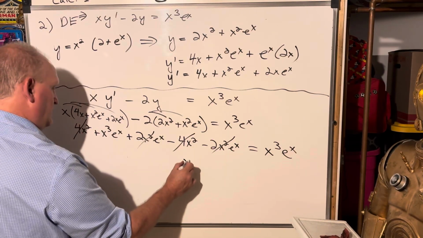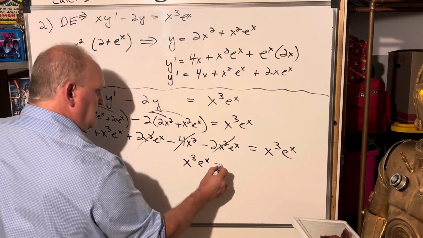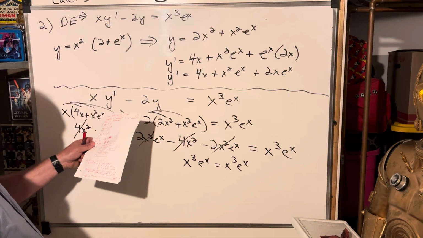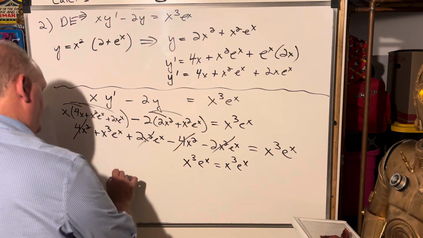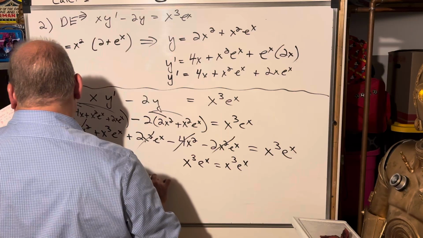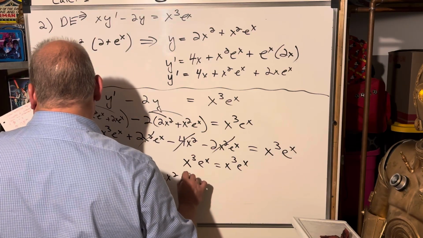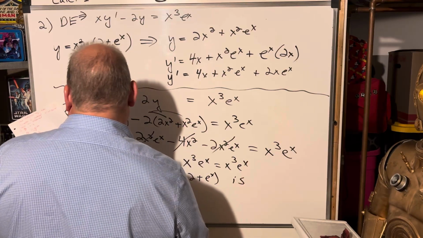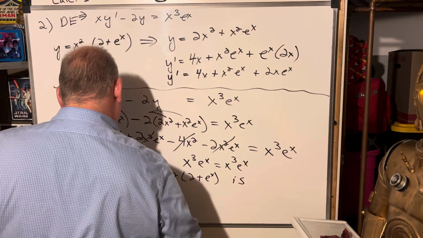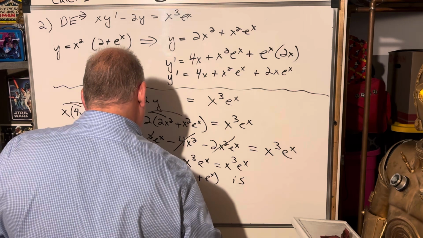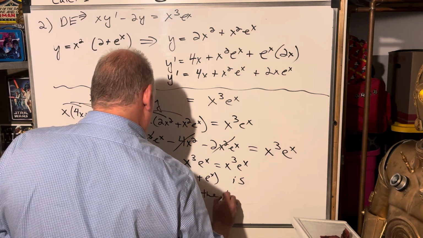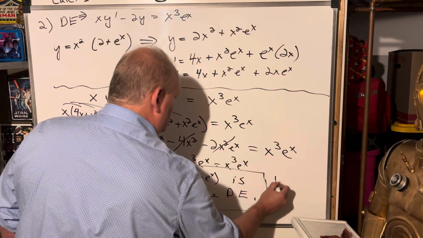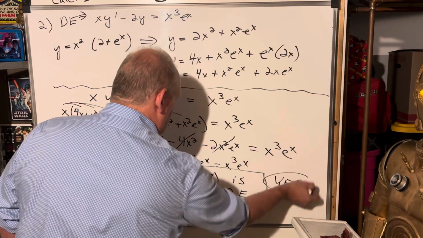Yeah, x^3 e^x equals x^3 e^x. So we got a confirmation. Then y equals x squared times 2 plus e to the x is a solution to the differential equation. Or yes, I guess if it was a yes, no question.